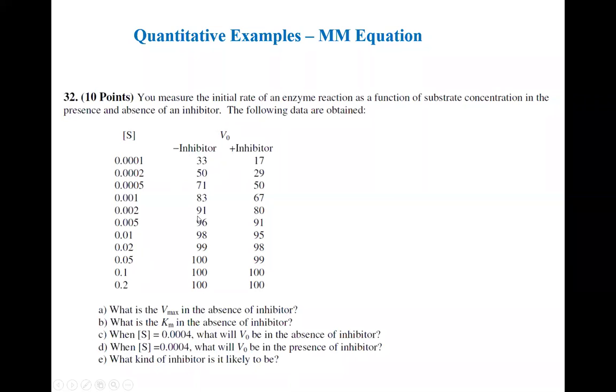First column and second column. But they also measured the initial rate in the presence of different concentrations of inhibitor, and that's the rate they measured. So S versus V. The question is, what is the Vmax in the absence of inhibitor?